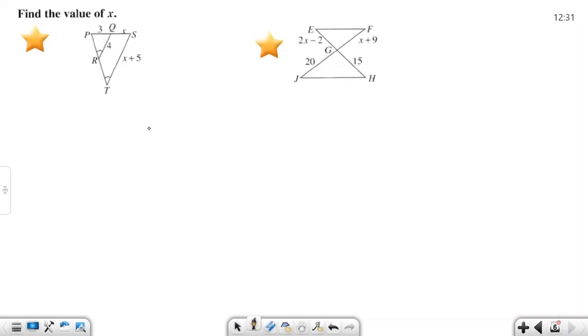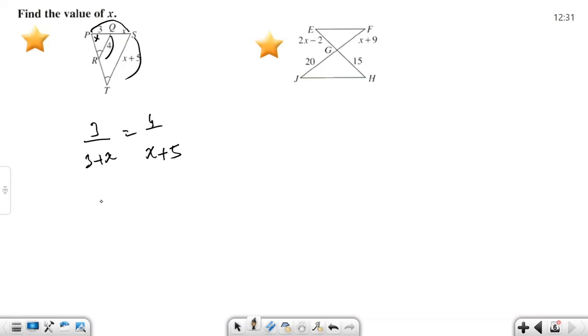Two more questions, but this question is asking about the value of x, not length. So let's check. These two triangles are similar. Why? I can say that's a common angle and we have congruent angles here. Therefore, 3 over PS, so this is 3 plus x, is equal to 4 over x plus 5.